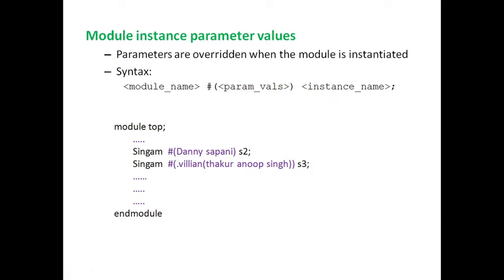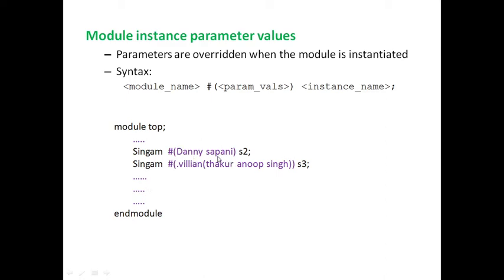The parameter value Danny Sapani is passed to module instance S2, and the parameter value Thakur Anup Singh is passed to my module instance S3. You can observe some difference between the two instructions, in the second line as well as the third line.